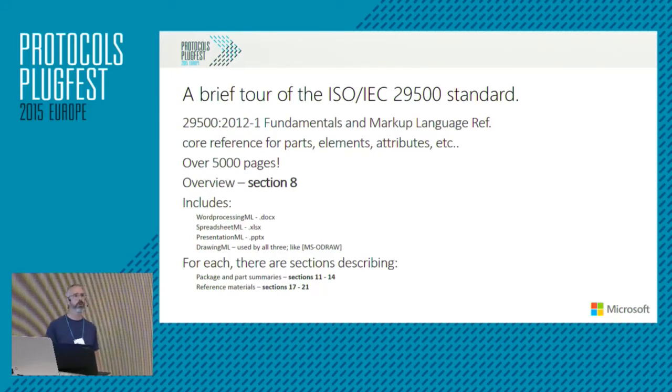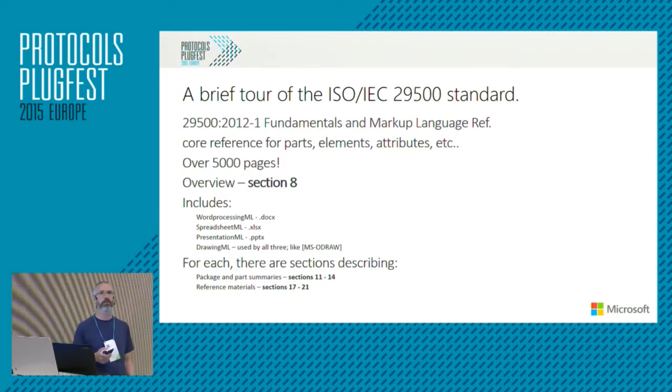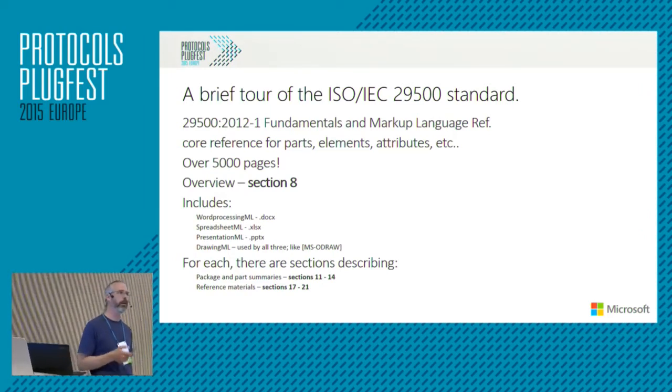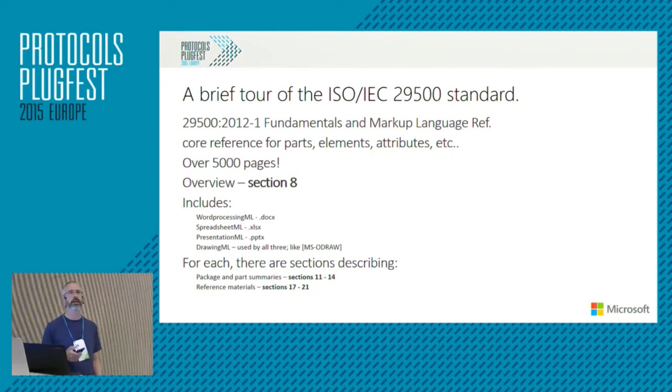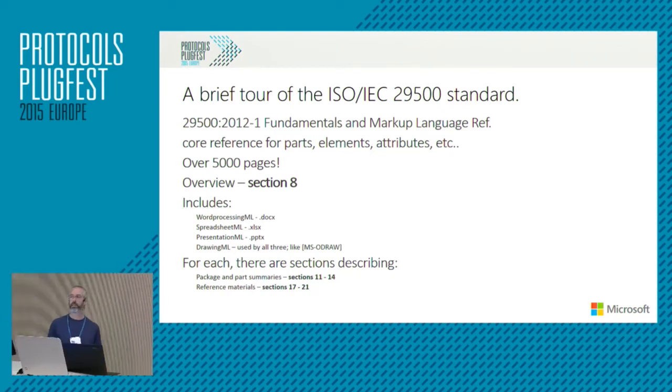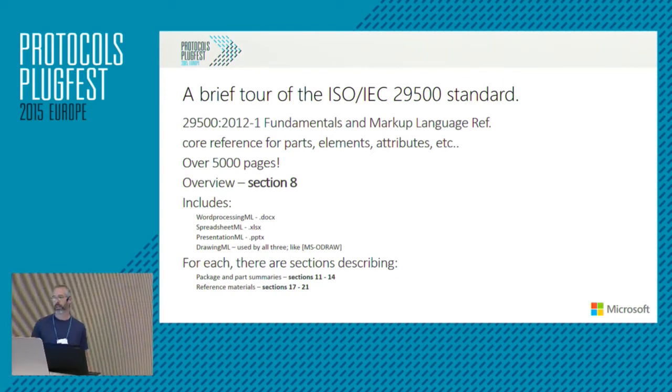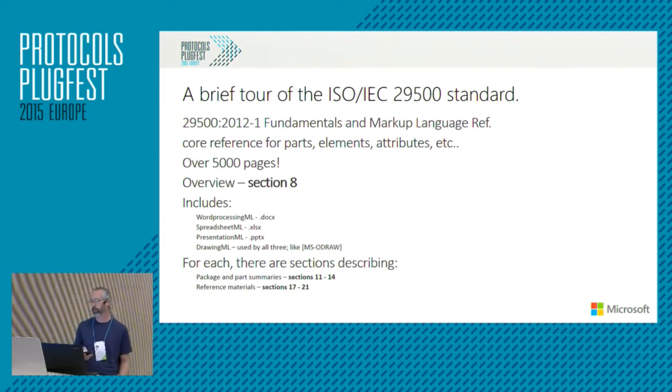So a quick tour of the format. Part 1 is the fundamentals. If you go to the ISO website, you can download this for free. They're PDF files. Part 1 is the fundamentals and the markup language. It's very large, over 5,000 pages.